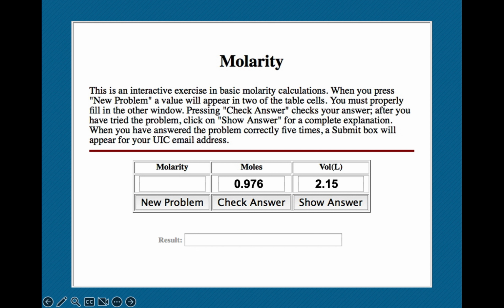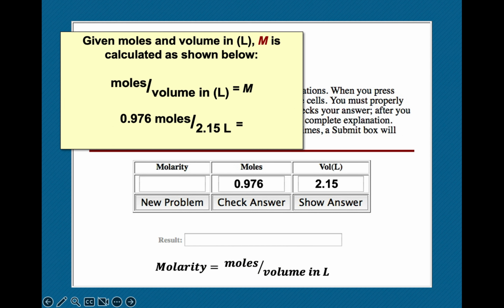We know that molarity is simply moles divided by volume. So, moles divided by volume, 0.976 divided by 2.15 liters, and we're at 0.454 molar.